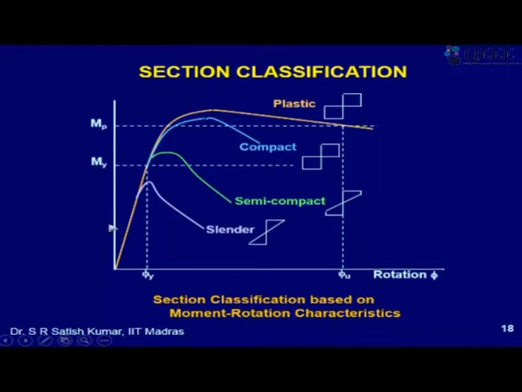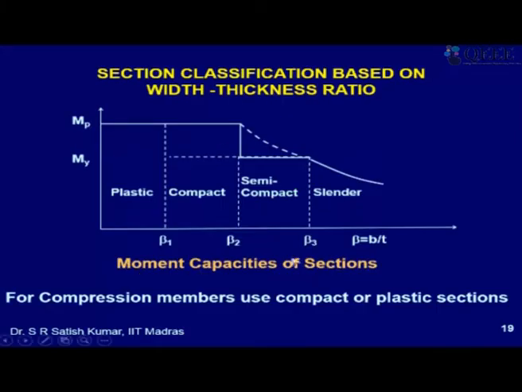Now of course we can't always sit and draw the moment rotation curve for practical sections. So what is the easier way to classify sections? We realize that there are limits on B by T in the middle also. This B by T is the limit which differentiates between elastic local buckling and plastic local buckling, and this limit is the one which says that there is a high rotation capacity of such sections.